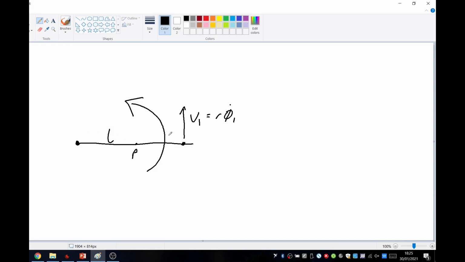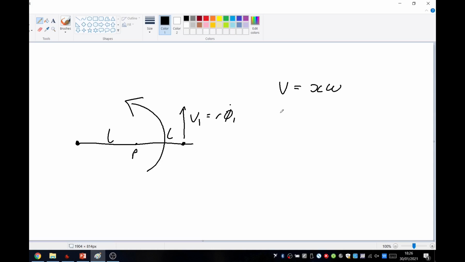So this is L, this is L. So our distance is 2L. Our velocity at this point is r psi dot. So we've got V equals distance x omega.